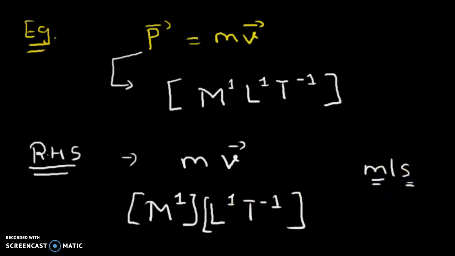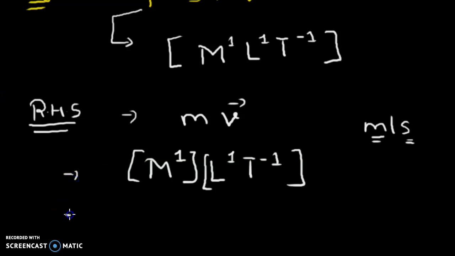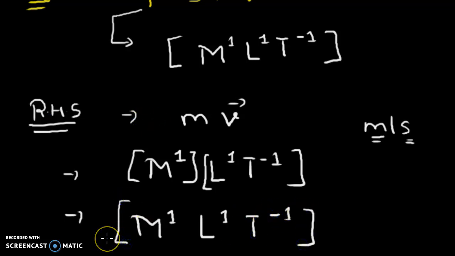If I combine it again, it comes M1 L1 T to the power minus 1, which is equivalent to the left hand side, which proves the formula is correct. So you can now feel the advantage or the importance of dimensional formula.